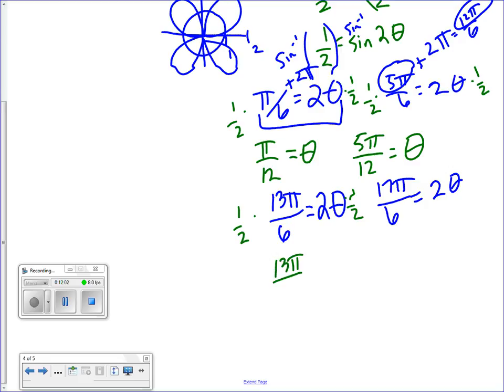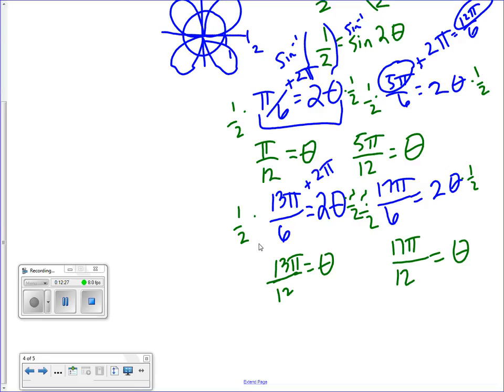So 13 pi over 6 equals theta, and 17 pi over 12, sorry, this should be 12. Forgot to multiply those denominators. Equals theta. If I'm not sure what to do here, I can try adding 2 pi again.